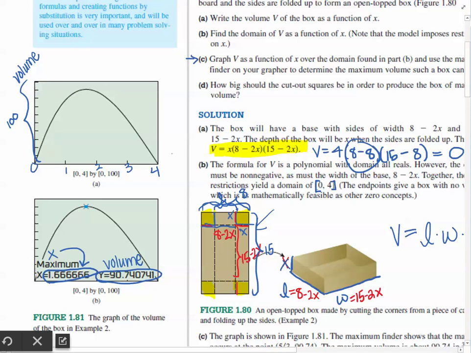Any more than that, the volume is less all the way down to nothing on the other end. Okay? So this is something that a person would want to know, or a company would want to know, if you were creating something that was a package or something like that. You want to know what the volume would be with the least amount of material, right? We're kind of using the same piece of cardboard and creating different volumes with it.